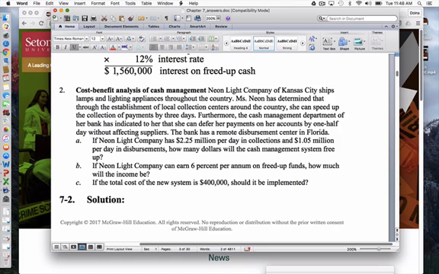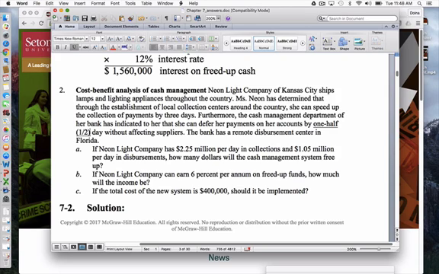Cash management that can defer the payments by 1/2 a day. It's a little confusing here. It's not 1 day and a half, it's half a day. Half a day. Without affecting suppliers. The bank has a remote disbursement center in Florida.